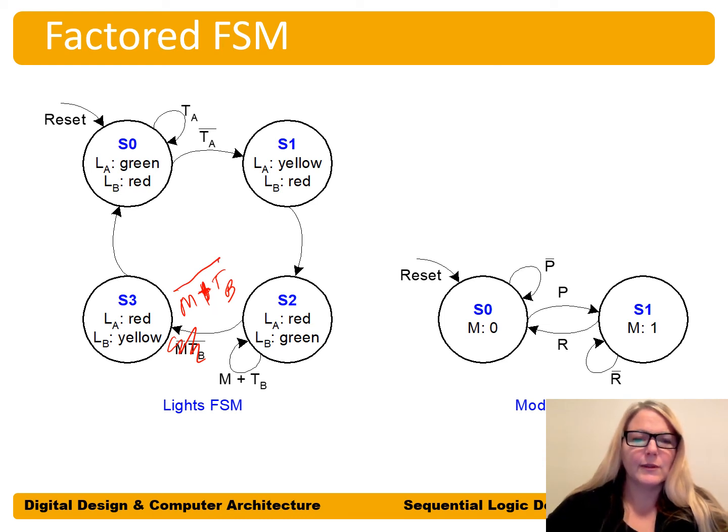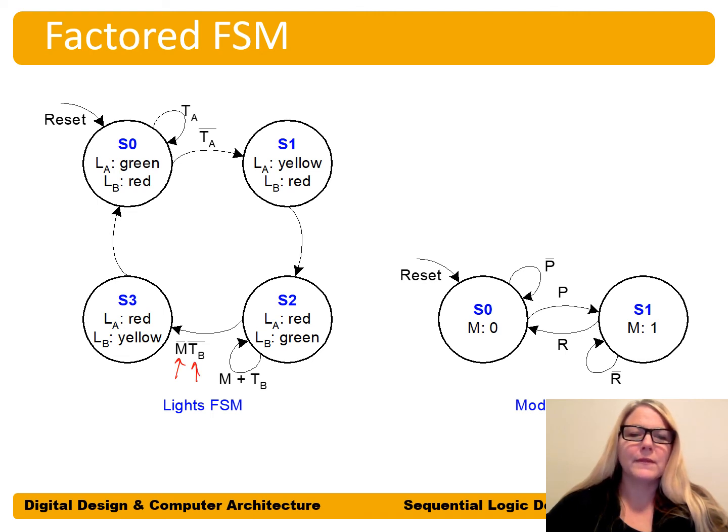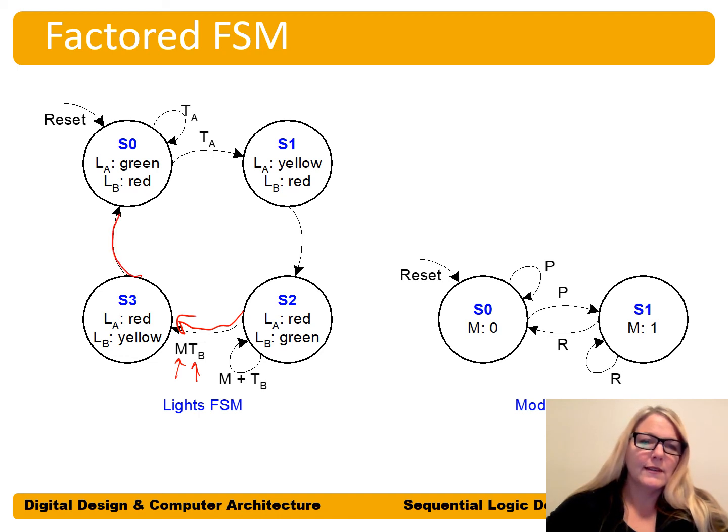That's the other case: when M or TB is 0, in other words, when that OR expression is 0, then we want to go here. Or in other words, when M is 0 and TB is 0, then we want to leave that state and start to make LA green.